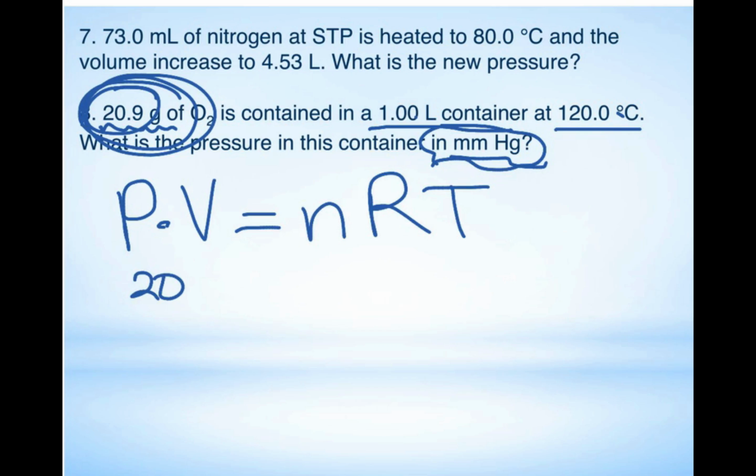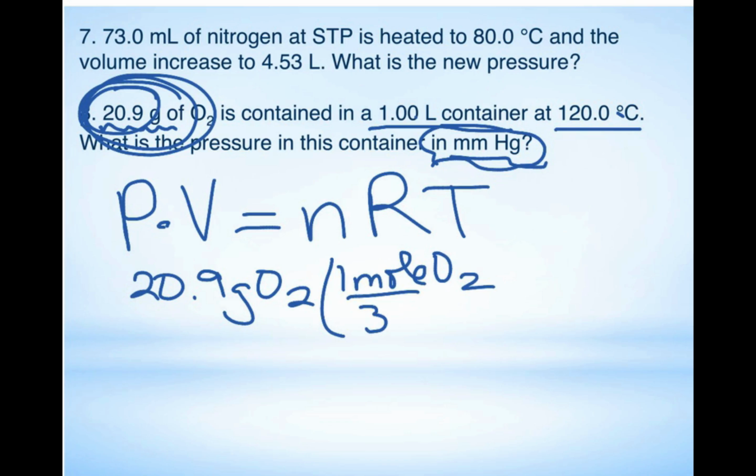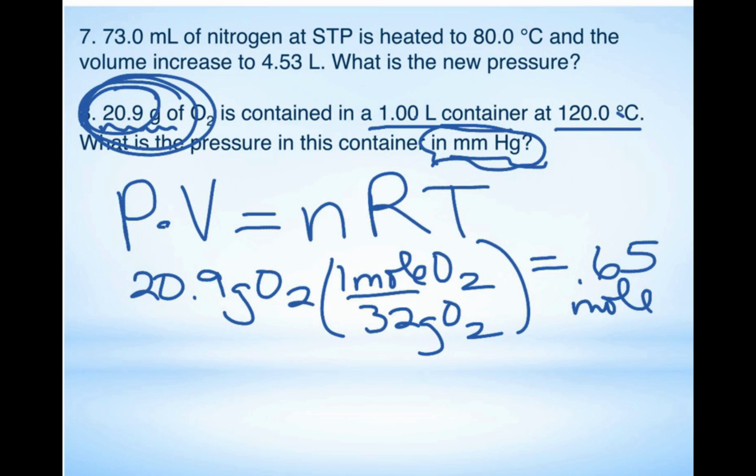Well, let's do that. 20.9 grams of oxygen, diatomic, 1 mole of oxygen over 32 grams of oxygen, and we get 0.65 moles. Let's now plug that in to PV equals nRT.